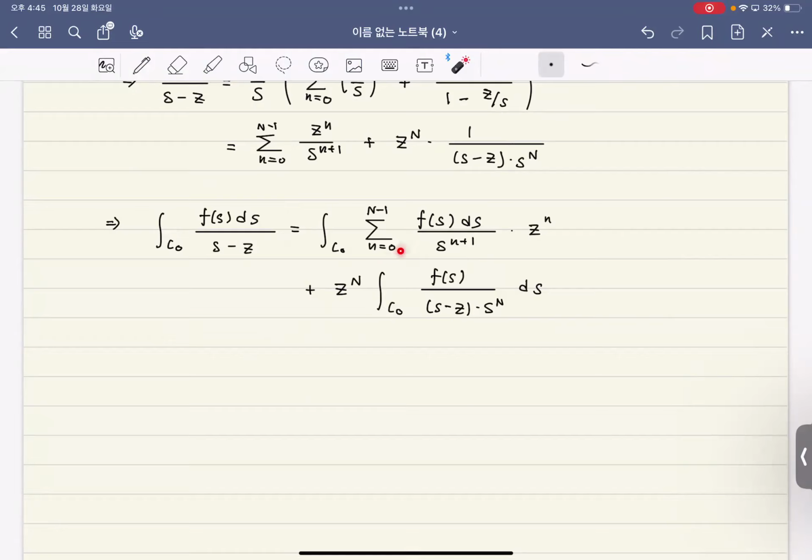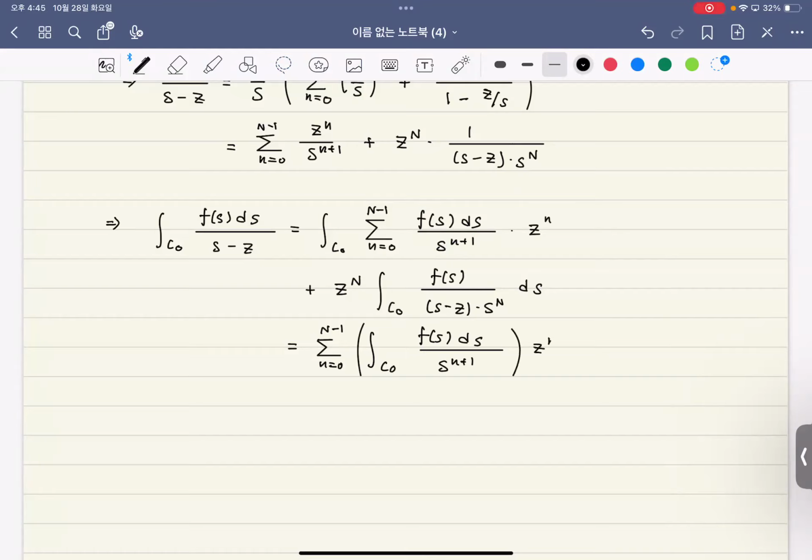This is just a finite summation, so in this case the summation can be safely taken out of this integration.